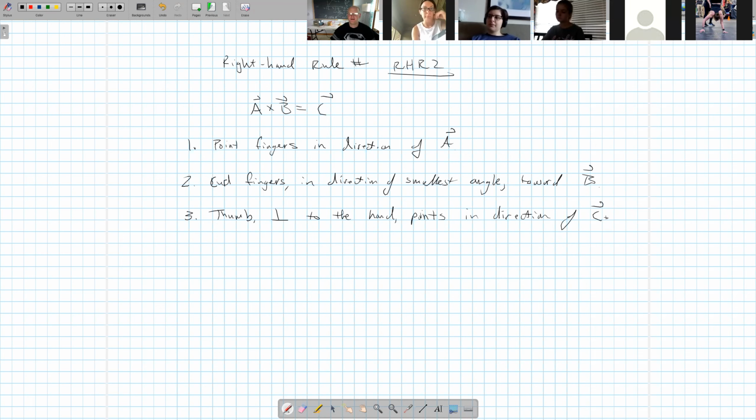Okay, so this is what we call right-hand rule number 2.